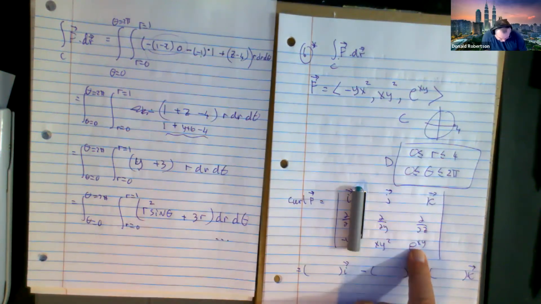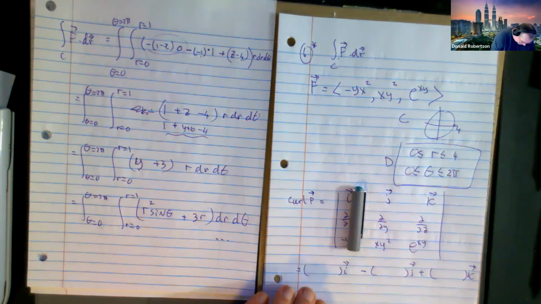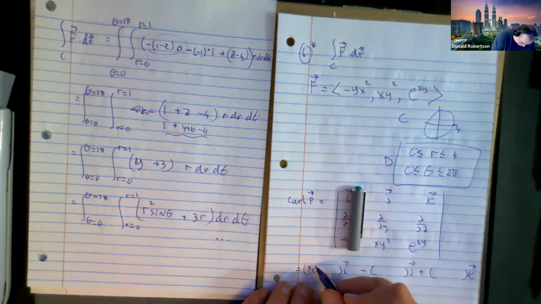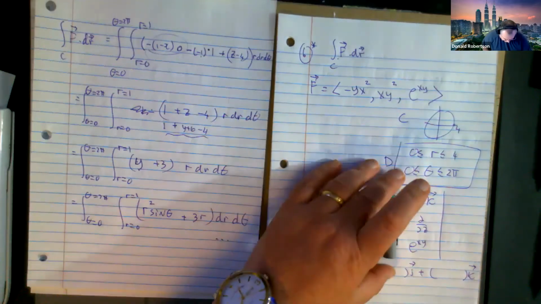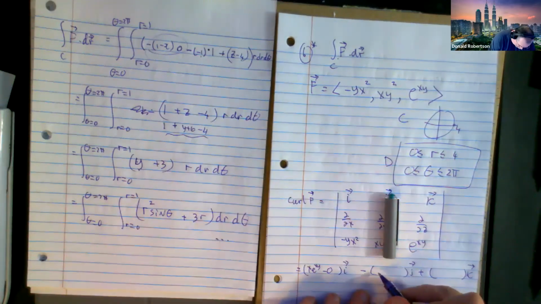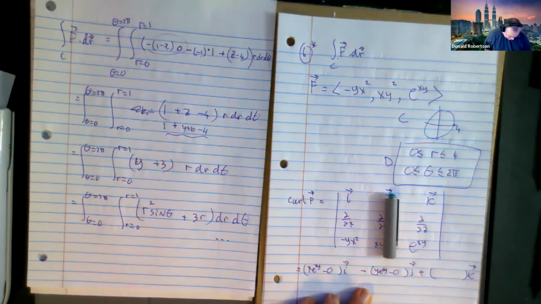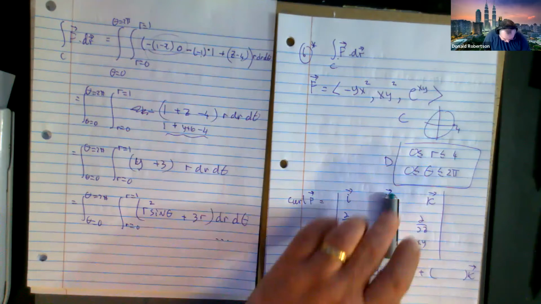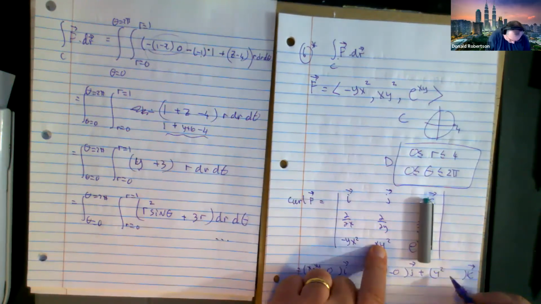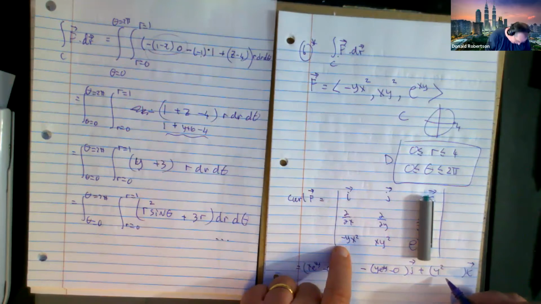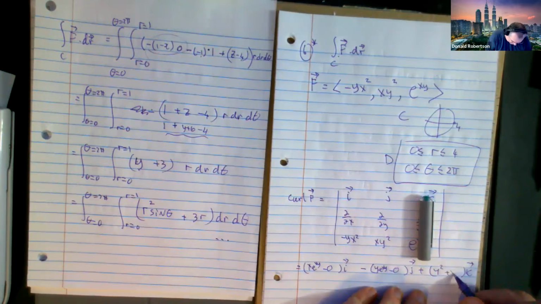Okay, so if you differentiate this guy, you're going to get x e to the xy, take away nothing. If you do this guy, you're going to get y e to the xy, take away nothing. And if you do this guy, you're going to get y squared, take away, which means you add an x squared.